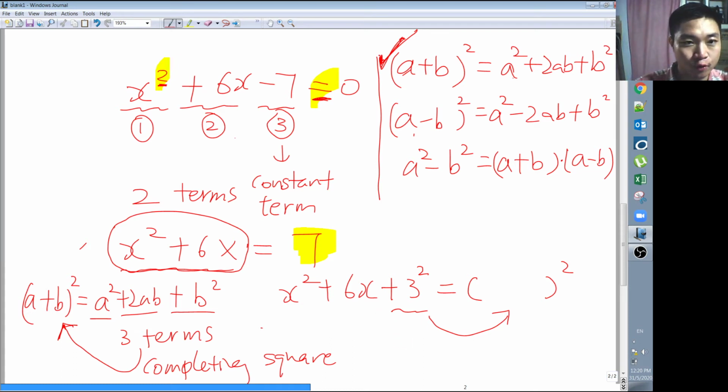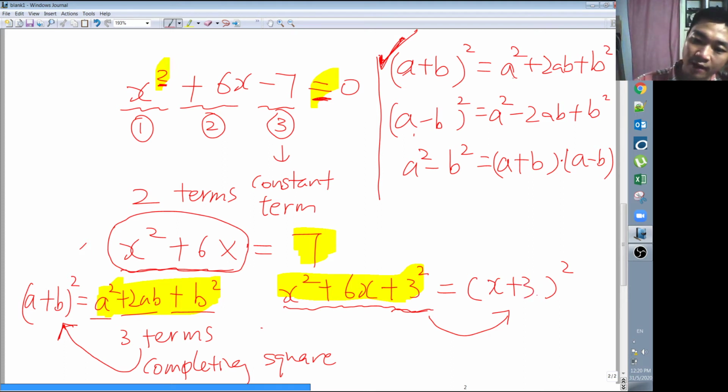Because if you compare this to this, you realize your x squared plus 6x plus 3 squared will actually give you (x plus 3) squared. So that's why I want you to be very good with this formula.